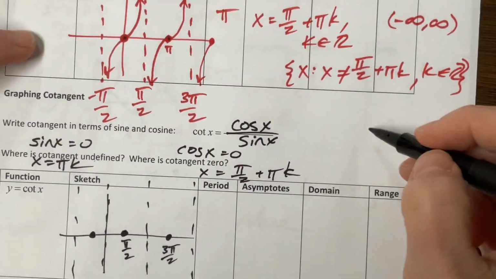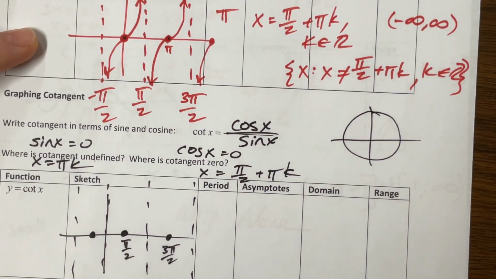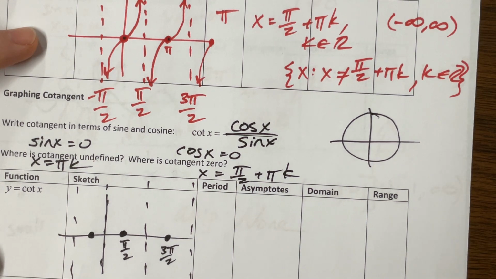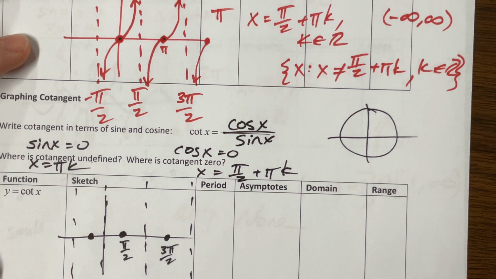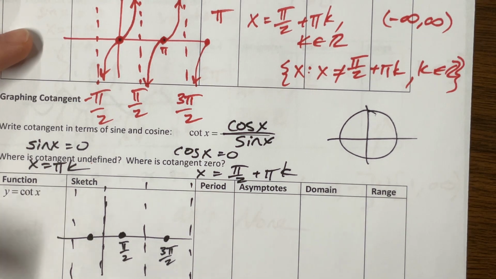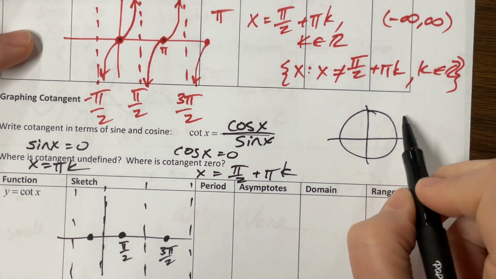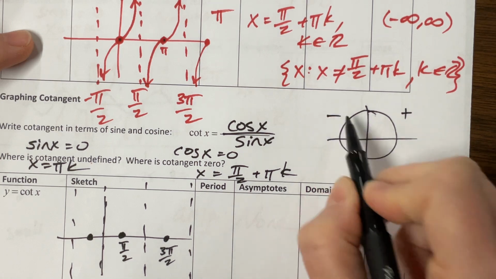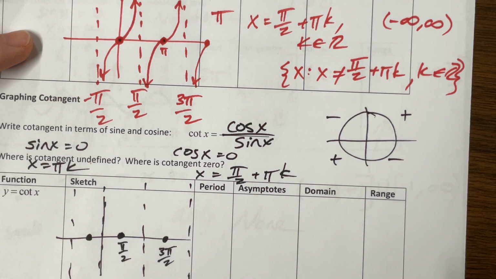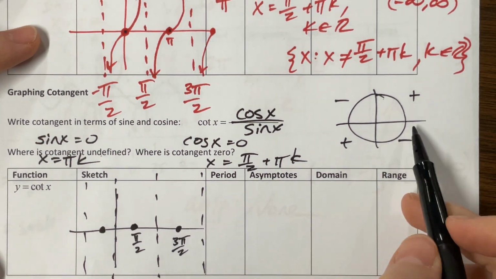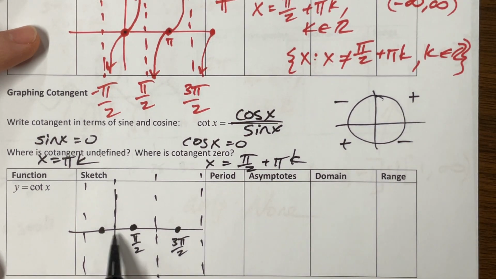Okay, and so now let's think back to our unit circle. Tangent and cotangent are reciprocals. Now, if I take tangent and I flip it over, does that change it from positive to negative? Well, you can't answer me, but the answer is no. It doesn't change it. So cotangent here will be positive, negative, just like tangent was, because all we did is take the value and flip it. So from 0 to pi over 2, we're positive. Here's 0, here's pi over 2.